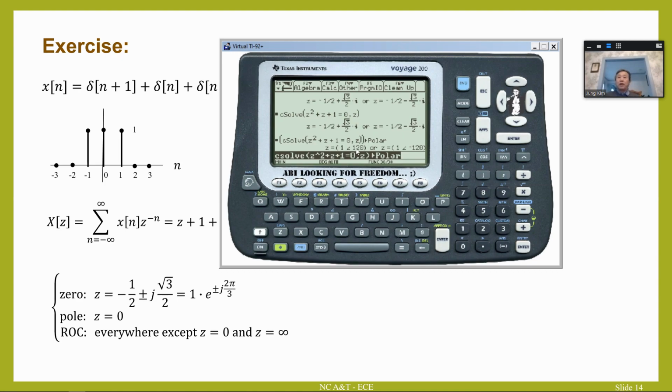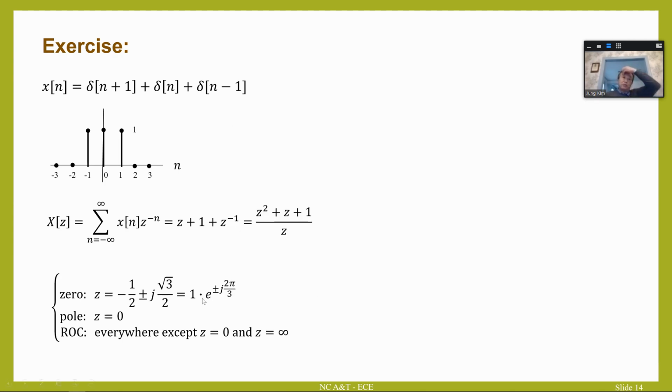So this is 120 degrees and minus 120 degrees, which is 2 pi over 3. So we have 2 zeros and 1 pole, and the region of convergence is everywhere except z equals 0 and z equals infinity.